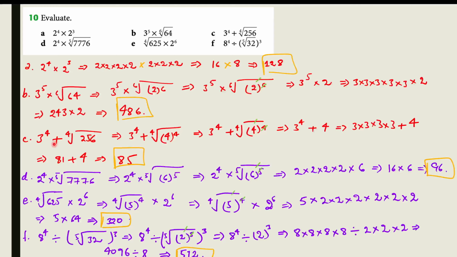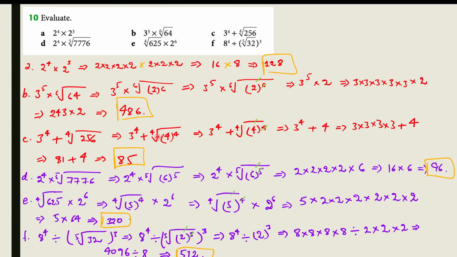The third part of the question is 3 raised to the power of 4 plus a root of power 4, and under the root we have 256. We will first start with solving the root.